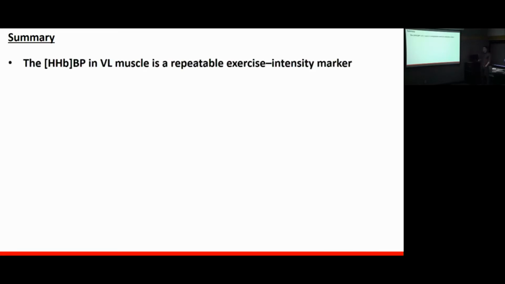So now to summarize all these findings, we have this index, the HHB breakpoint in the vastus lateralis muscle, that can be considered a reliable and repeatable index of exercise fitness.